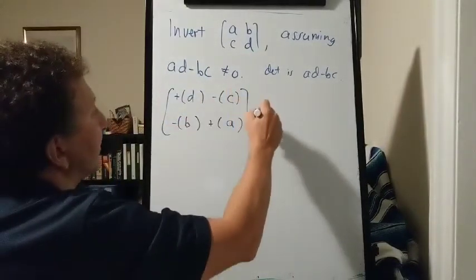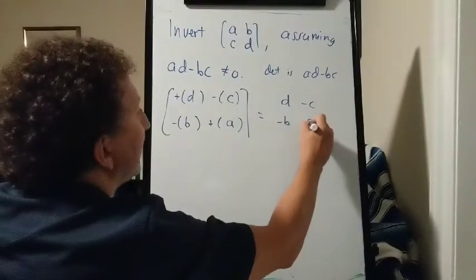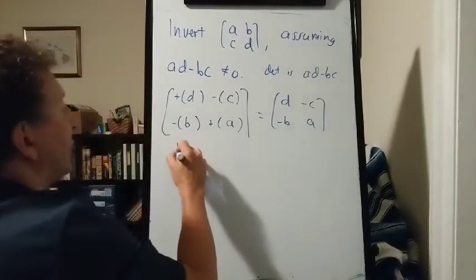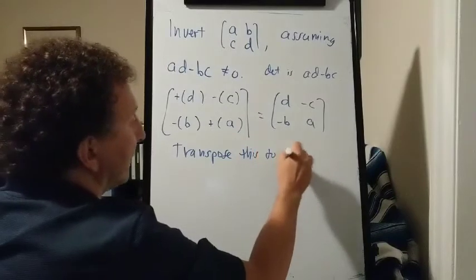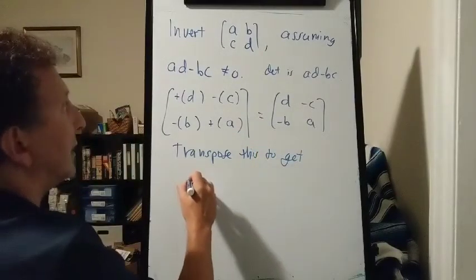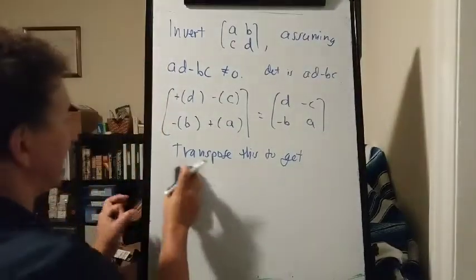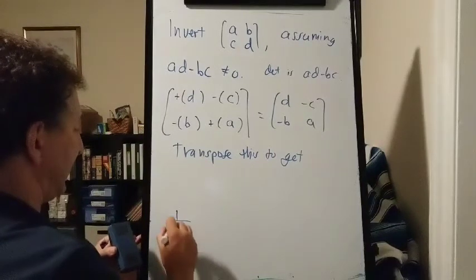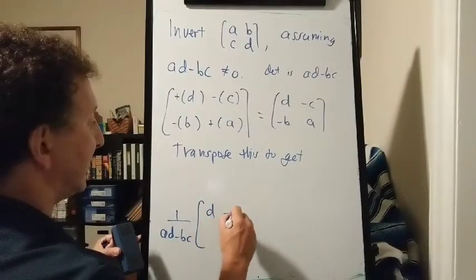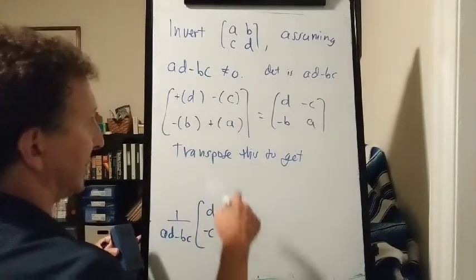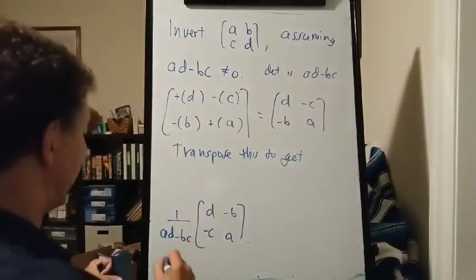So we've got this matrix, which is D, minus C, minus B, A. And then we transpose this to get, let's see, I'll write this a little bit lower so we can check it. 1 over AD minus BC, times D, negative B, negative C, A, because I'm transposing what's there, so the negative B and negative C switch. So this should be the inverse.